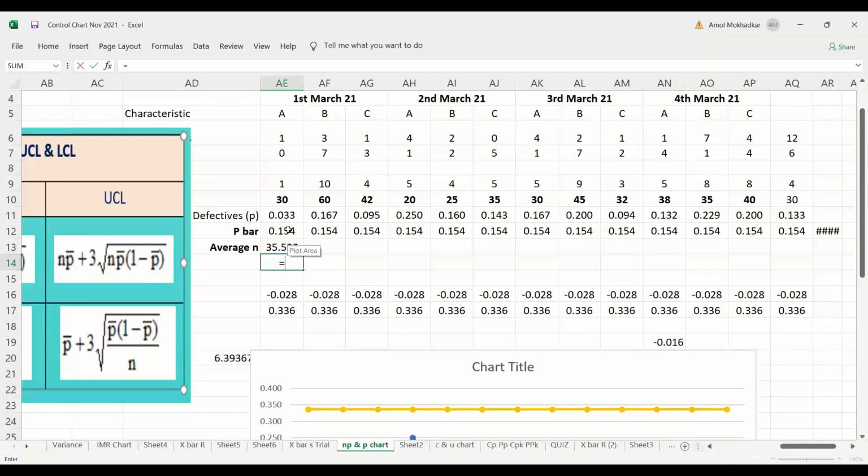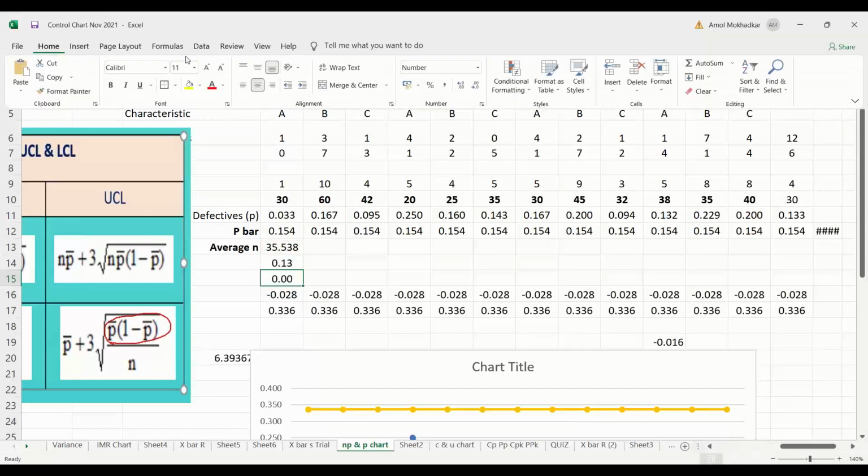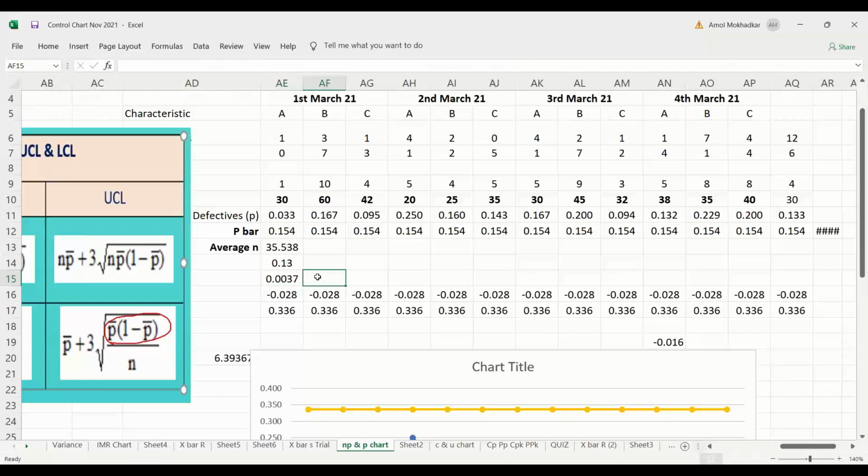So we have solved this much. Now divide it by n, which is the average number of samples. Now take the square root of this, and multiply it by 3.